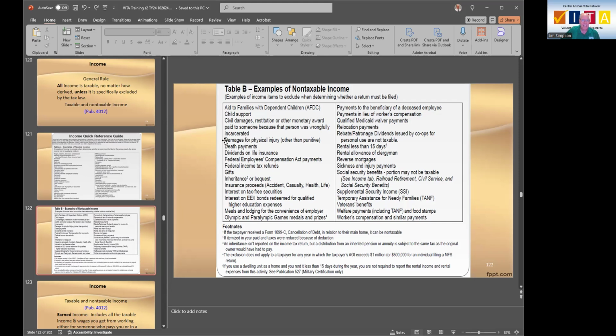Okay. Death payments. Federal income tax refunds. You get a refund on your taxes. Well, maybe it's common sense that that's not taxable because you already paid taxes on that money. They're just giving you back the money that you shouldn't have had paid taxes on, right? Here's the big one, big two of them, gifts or inheritances.